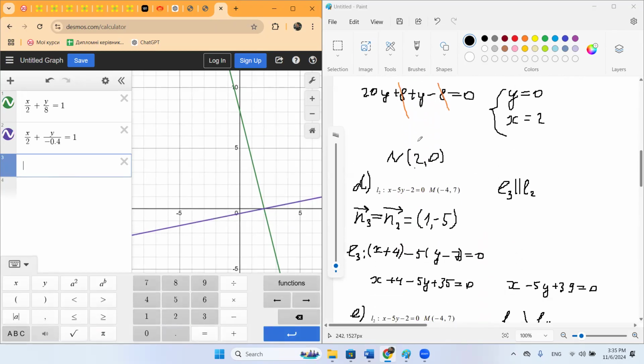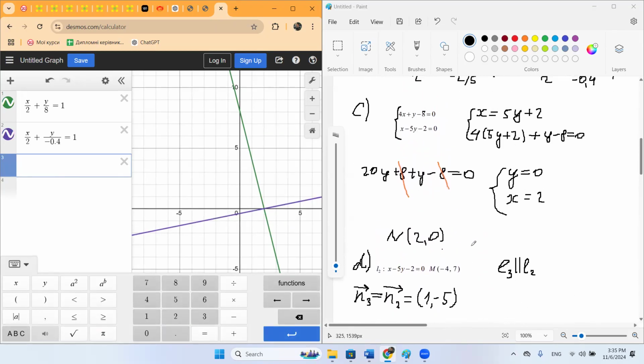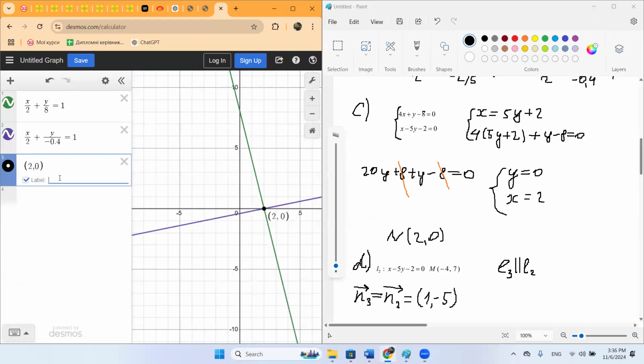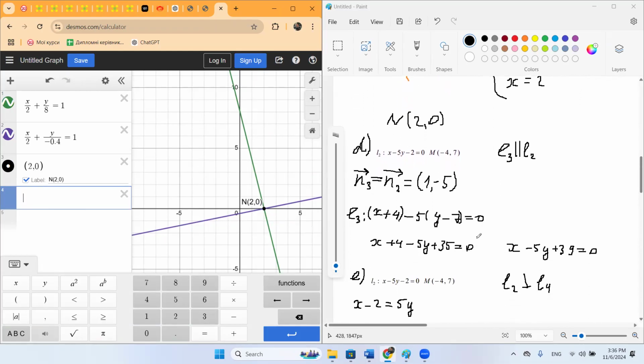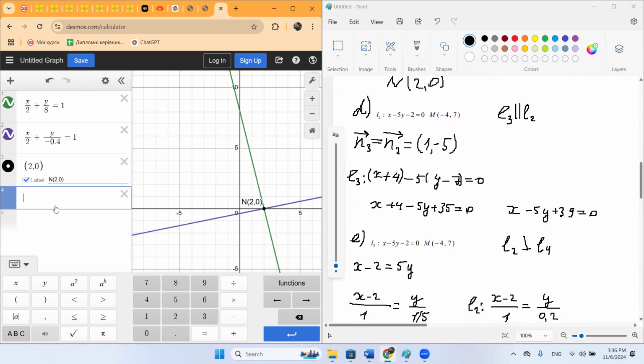Then the intersection point. No, 2, 0, incorrect. And now it's correct. Here it is. Okay, let's skip transforming into intercept form or other forms. Let's write in the general form.